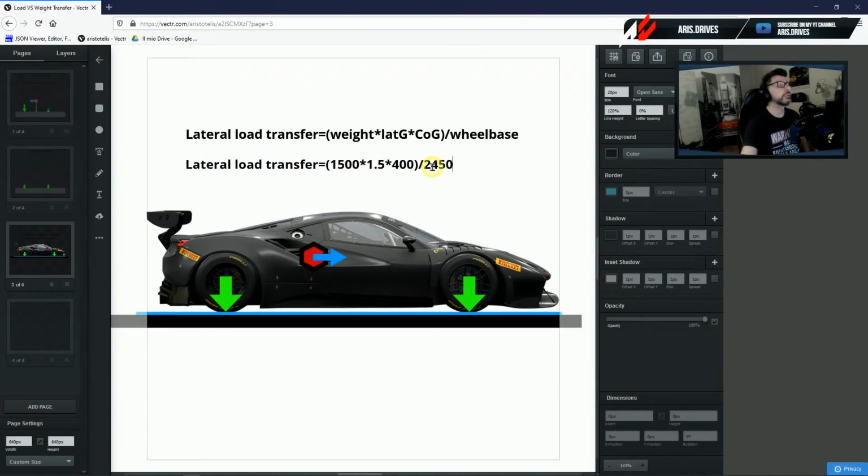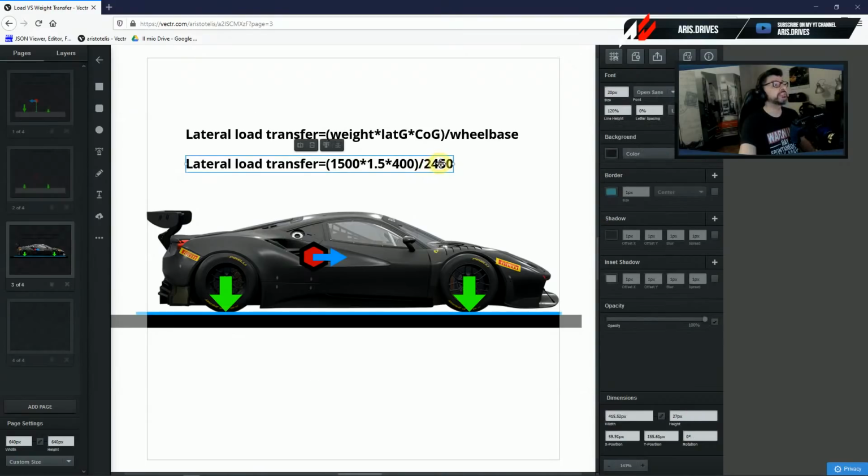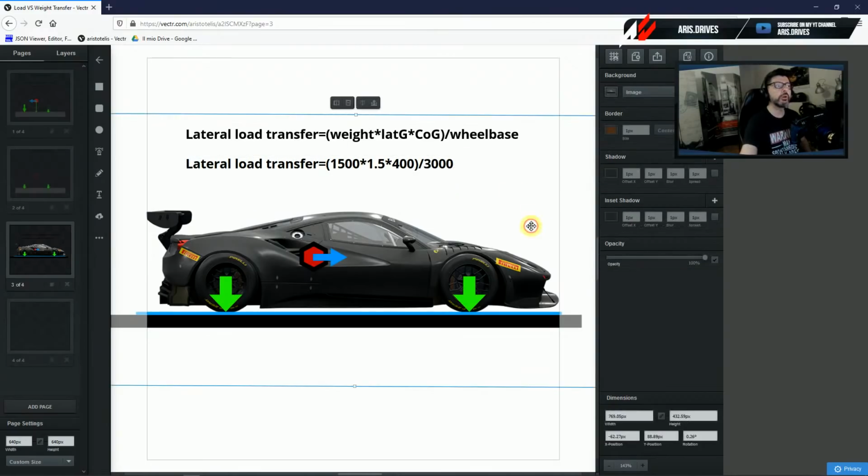So this is it again, and you can understand the load transfer. Now, instead of 2,450 millimeters, we have something like 3,000 millimeters, which is the wheelbase of the Bentley or the BMW, almost 3 meters long. You can understand that the load transfer between back and forth is much less, and so the car is more stable when you are braking, going over the curbs, accelerating or braking, and so on.